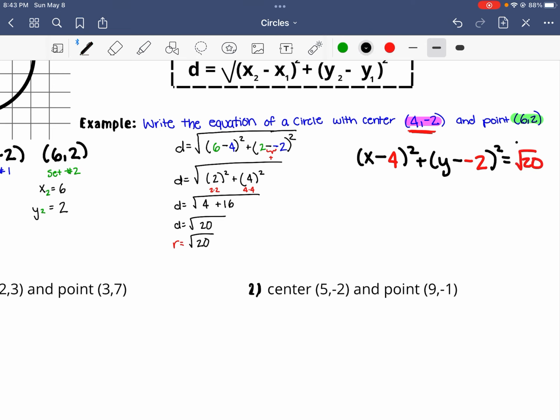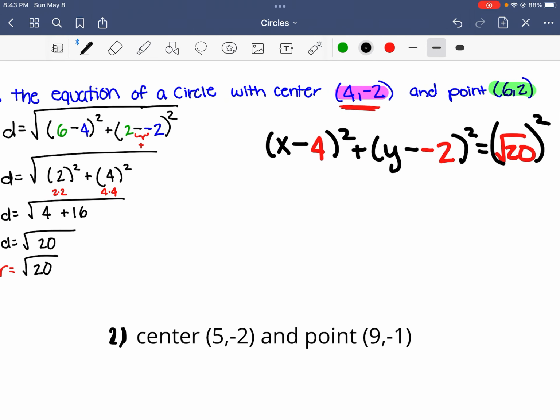And this whole thing is squared. I put parentheses because I'm letting myself know that the whole thing is squared, okay? So let's go ahead and clean it up. X minus 4 stays like that. Plus, I have a double negative, so this becomes a negative times a negative, which is a positive. So it becomes y plus 2 squared.